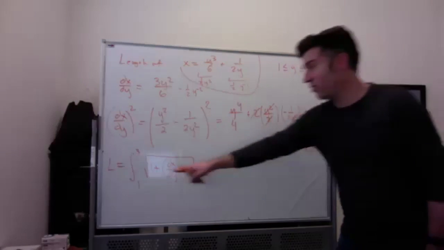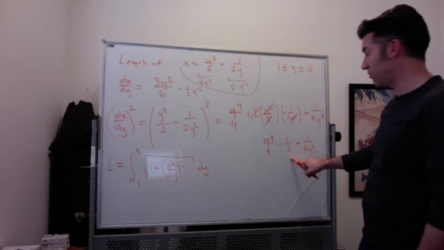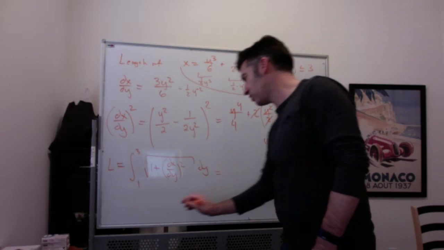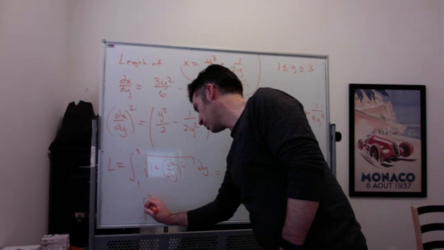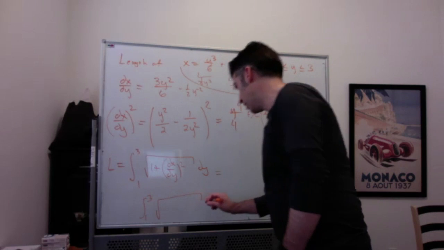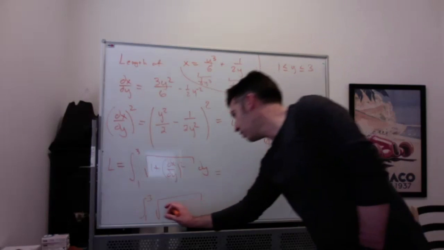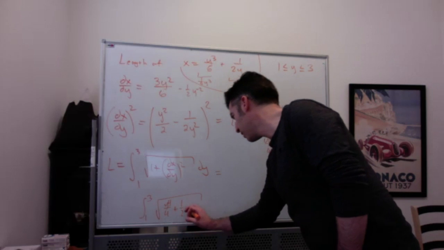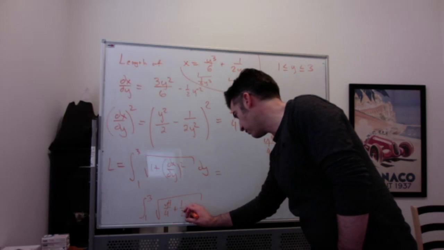So then when we add 1 to it, 1 plus negative 1/2 is positive 1/2. So this ends up being exactly the integral from 1 to 3 of the square root of y to the 4th over 4 plus 1/2 plus 1 over 4y to the 4th.